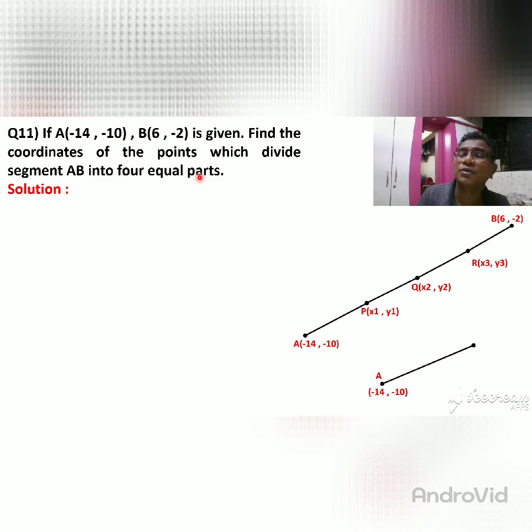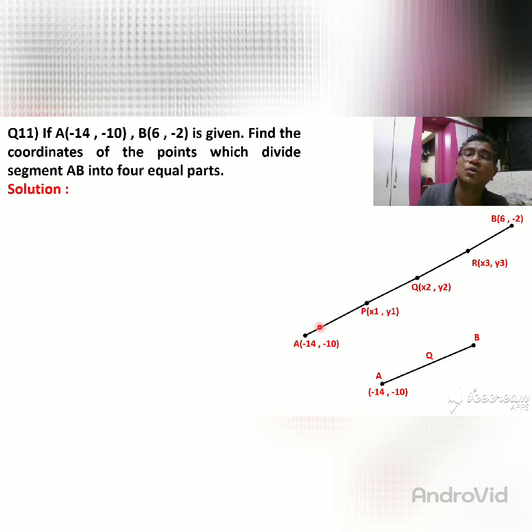See, these are the 4 parts. This is AP, first part. This is PQ, 2 parts. This is QR, 3 parts. This is RB, 4 parts.